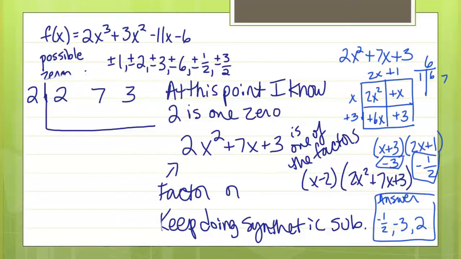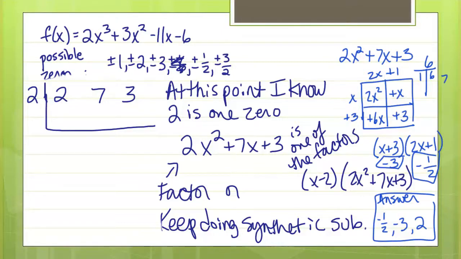I didn't have to go back to the big whole original one because I've already narrowed down what we're working with. And I don't have to try things that wouldn't be a possible factor of this one. So I don't have to try 6 anymore, because 6 would not be one of these factors, but all the rest would.